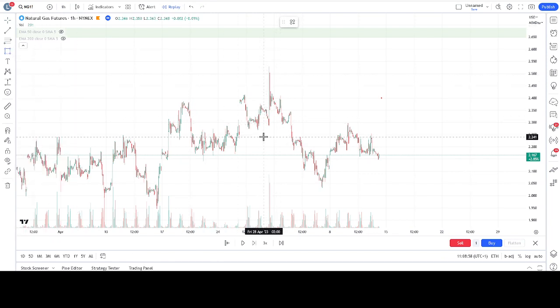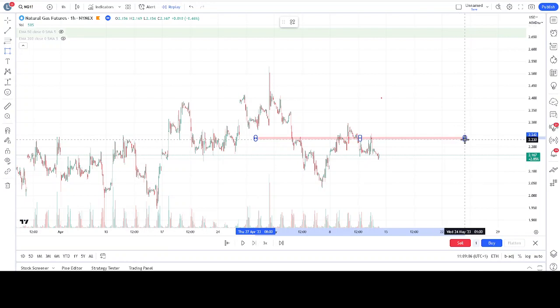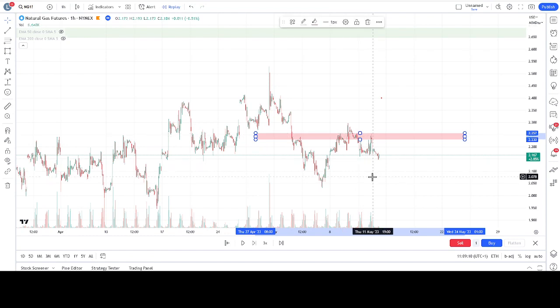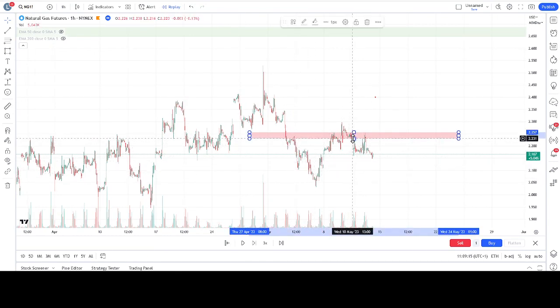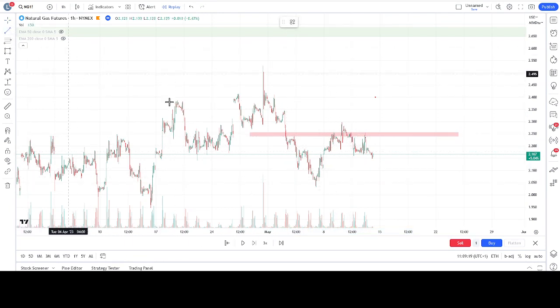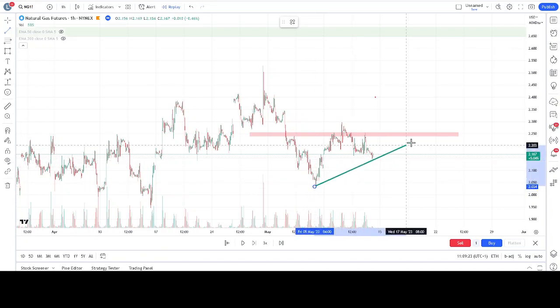You can see here is a resistance. Clearly, it is a resistance zone. And then you can also see this is a rising trend line here. So let me just highlight it. You see a rising trend line.